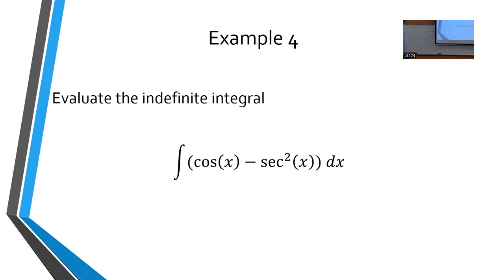So when we integrate the cosine piece, let me step back for a second. We have two terms here separated by the minus sign. So we're going to integrate each one individually.